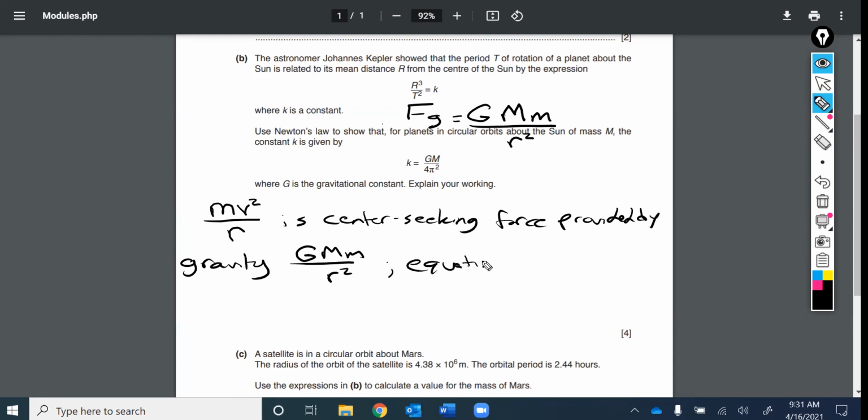Equating these, you get mv squared over r equal to GMm over r squared.